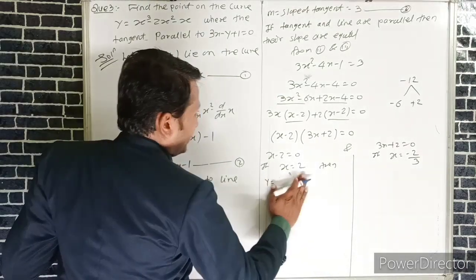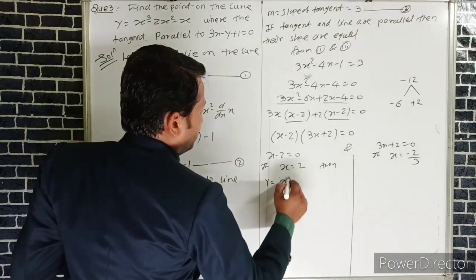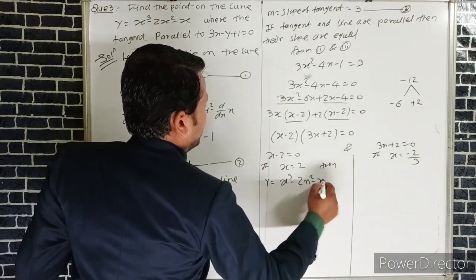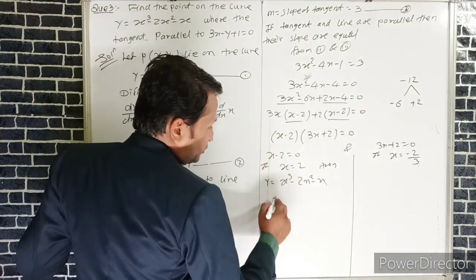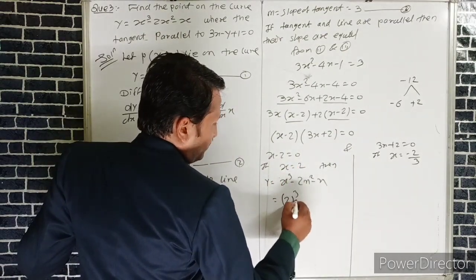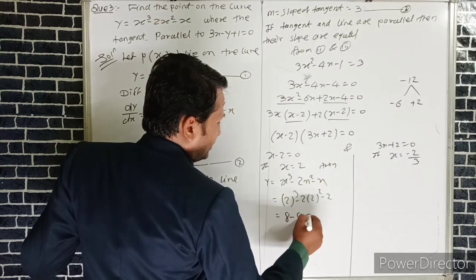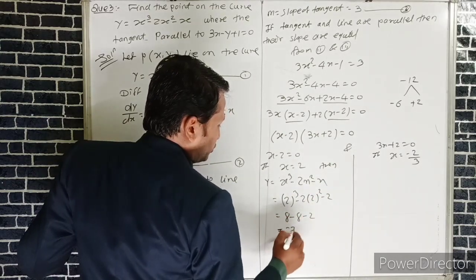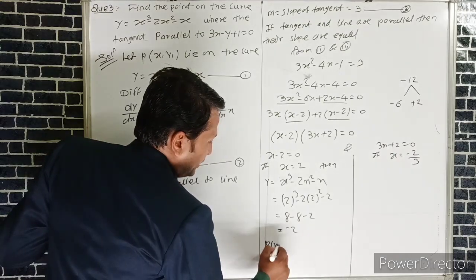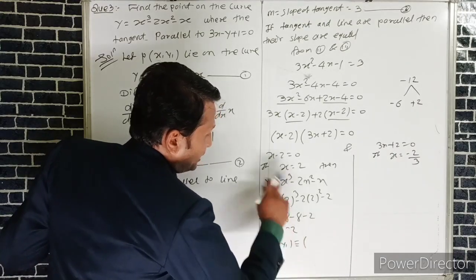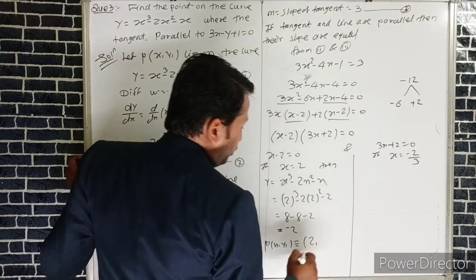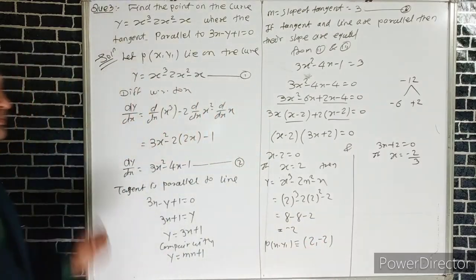First we write y is equal to x cube minus 2x square minus x. With x equal to 2: 2 cube minus 2 into 2 square minus 2, which is 8 minus 8 minus 2, which is minus 2. Therefore point P (x1, y1) is represented by (2, minus 2).